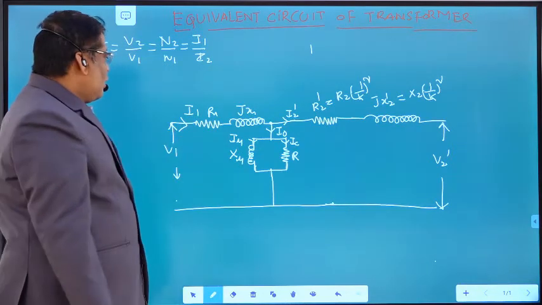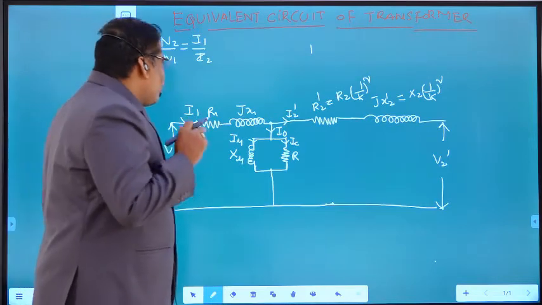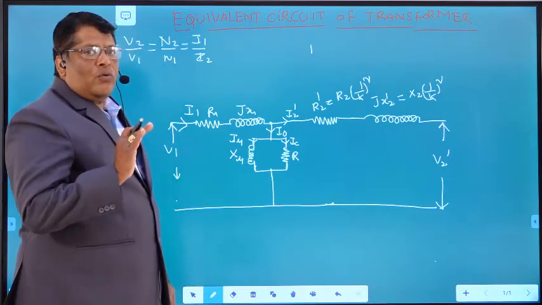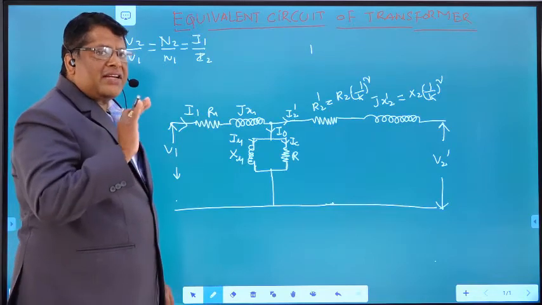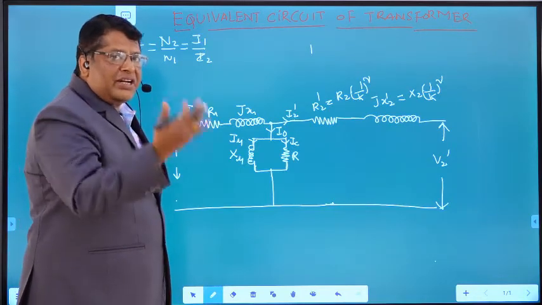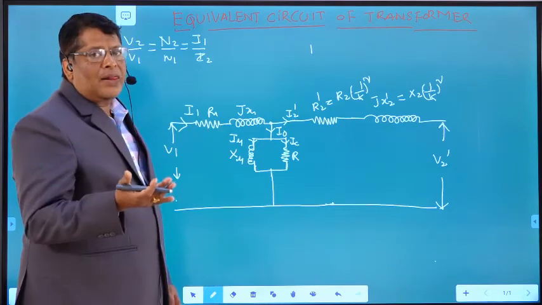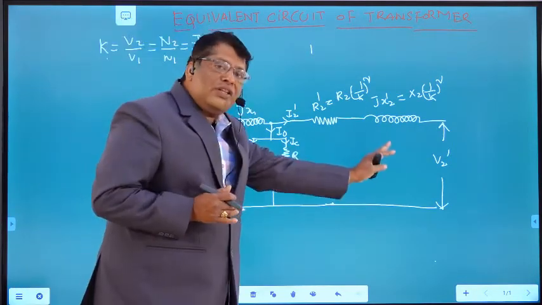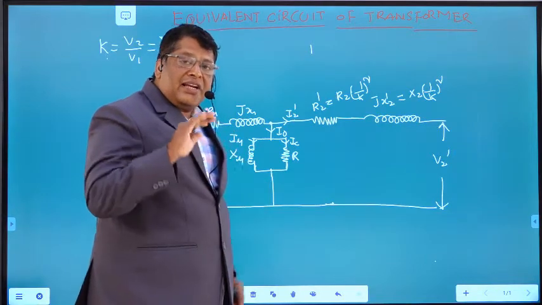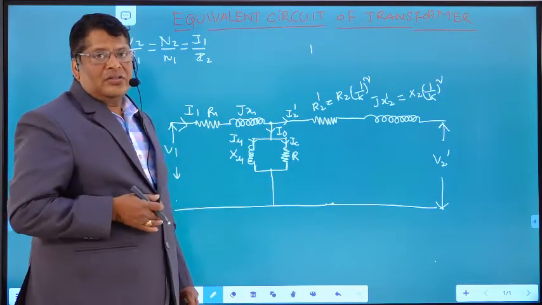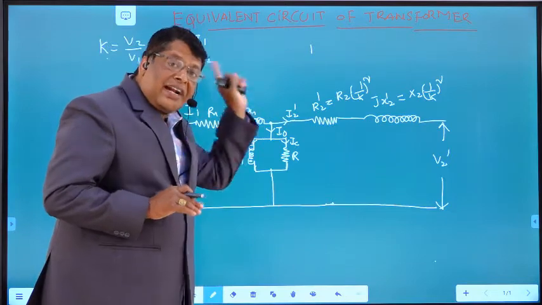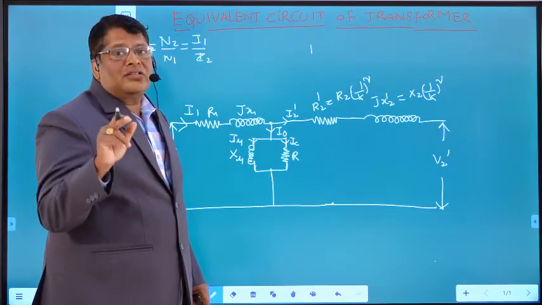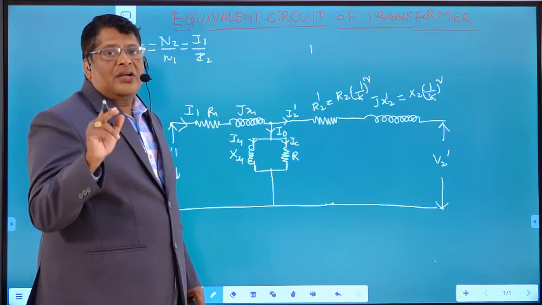Now, the points you have to remember: the resistance and reactance, if you are referring from the primary to the secondary, are directly proportional to the square of the number of turns. If you are transferring the voltage, it is directly proportional to the number of turns. If we are transferring a current, it is inversely proportional to the number of turns in a transformer.